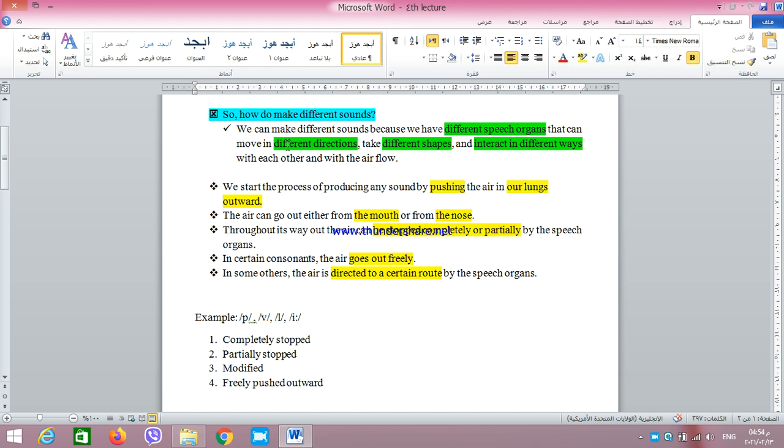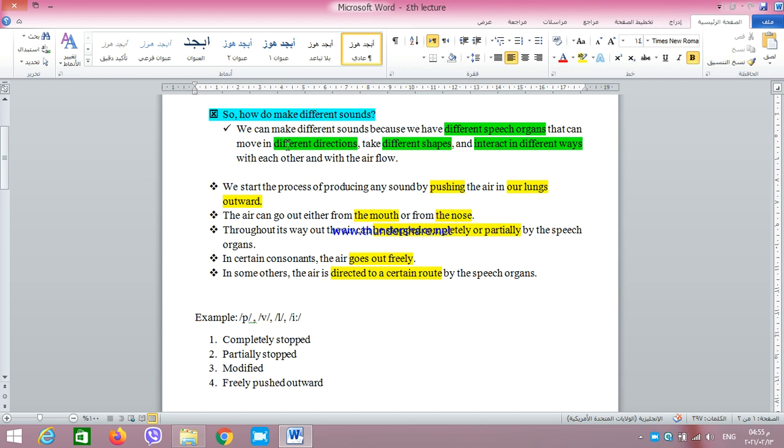Sometimes let it go freely. The speech organs don't interfere with the airflow. So the speech organs may either stop the airflow completely, stop it partially, or let it go out freely, and sometimes change the direction of the airflow. For example, rather than going out through the center of the mouth, it goes out through the sides.